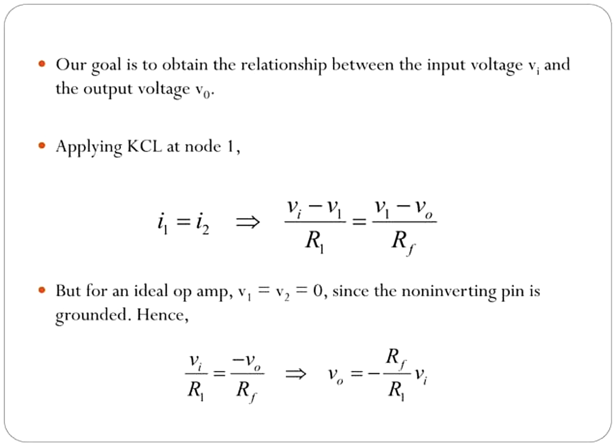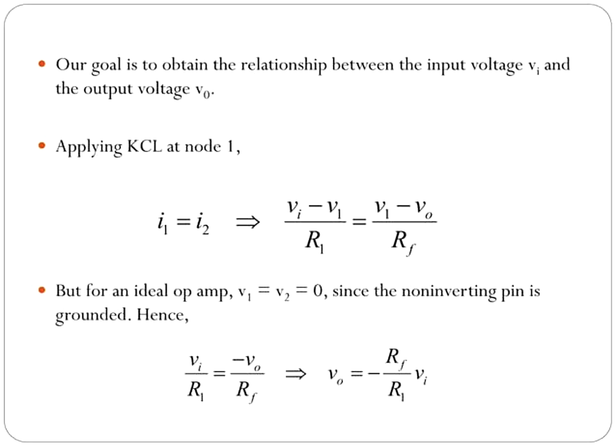Already I have said about virtual grounding. According to that, the terminal voltages V1 will be equal to V2, and since V2 is grounded, V1 is also equal to 0. So substitute the values of V1 and V2 as 0 in the above equation. We will get Vi divided by R1 equal to minus V0 divided by Rf.